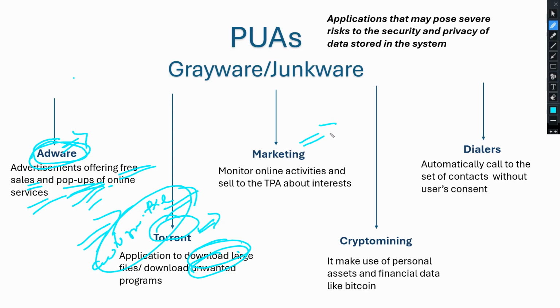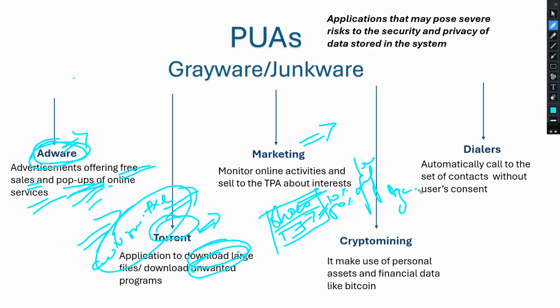Then we have marketing. Marketing monitors online activities and sells the interests to third parties. As I told you in the previous examples, if you search for shoes on Google, you will start getting notices from different companies, like 10% sale, 50% off, from Puma, Flipkart, Amazon.